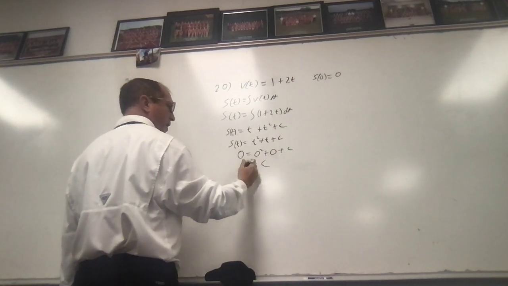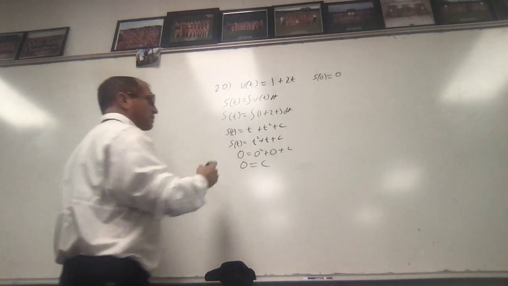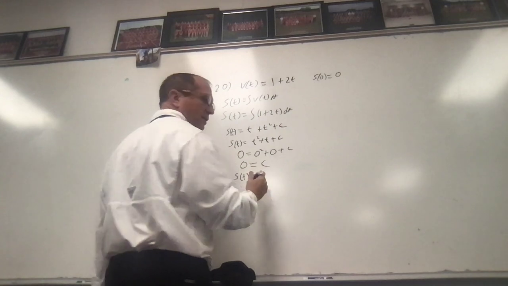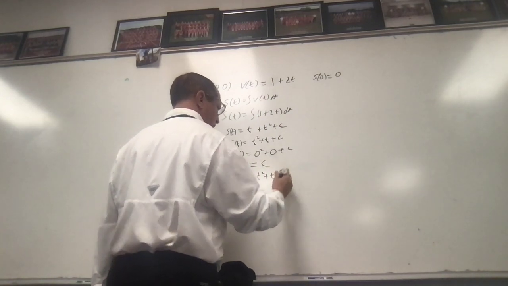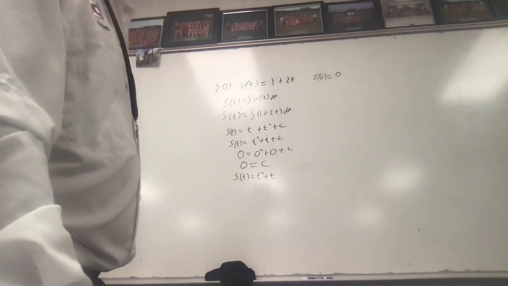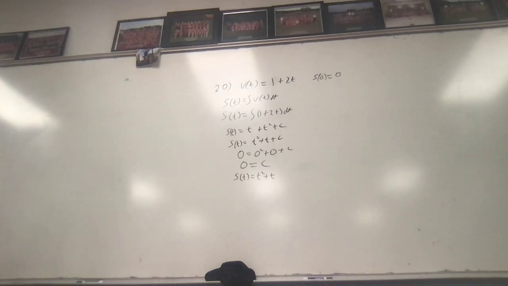So C here would have to equal 0. So the specific equation is that s of t is equal to t squared plus t. Now, a lot of times that C value won't be 0. In this case, it's one of the beginning problems, so they threw that in there. Is there a question about that?